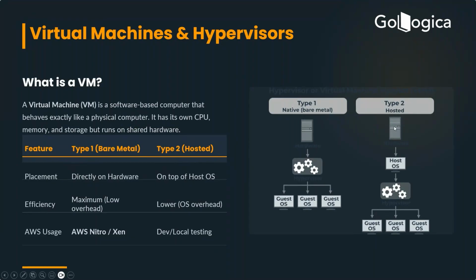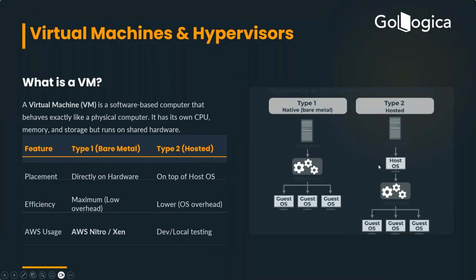The hardware is shared among multiple users and multiple operating systems, your virtual machines. If there are, say, 500 virtual machines running on top of that physical hardware and the host operating system fails, it will fail all those dependent virtual machines along with it. So it is introducing that single point of failure.